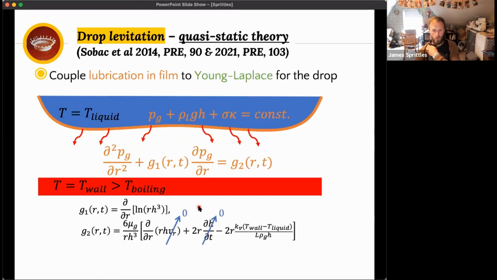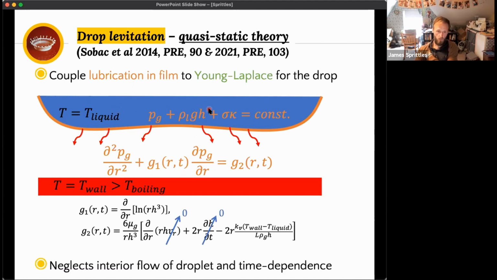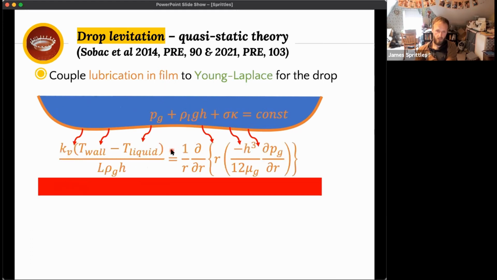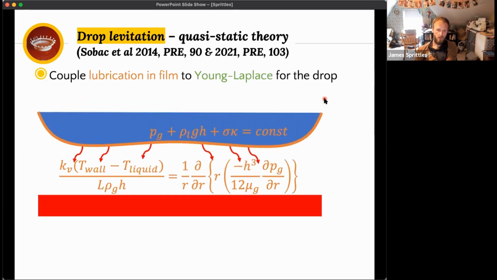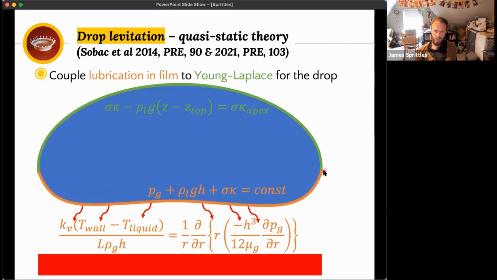You knock out all time dependencies, and you ignore the flow within the drop, because the drop is much more viscous than the gas. The result is that you get an even simpler model for the shape of this film. Then you patch this together with the usual Young-Laplace equation for the top of the drop, and that gives you the shape of the whole thing.